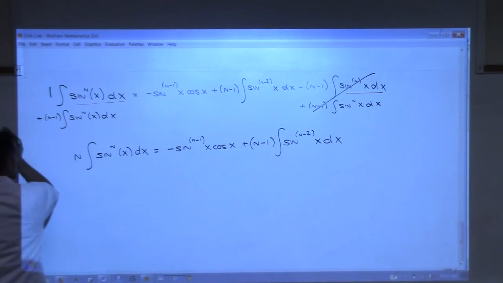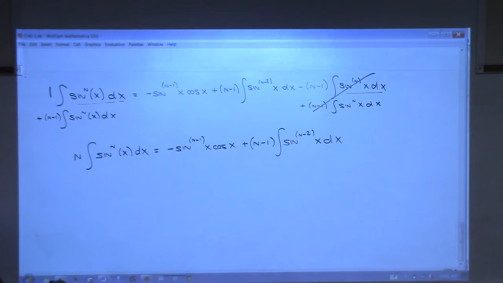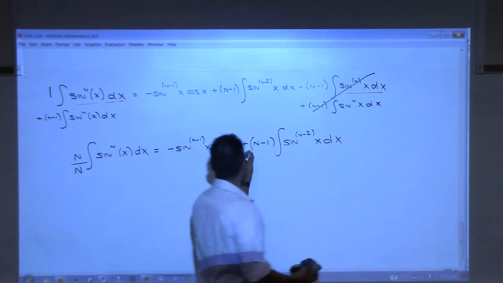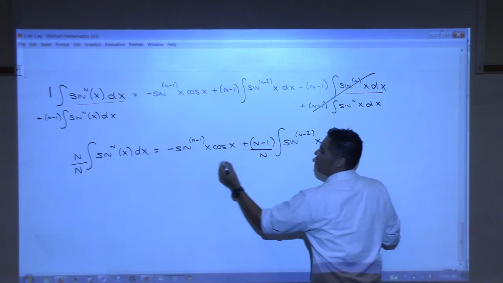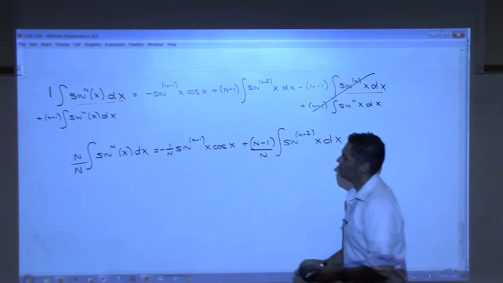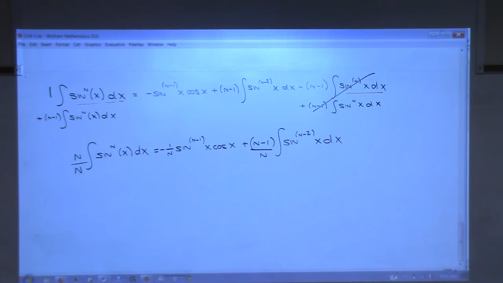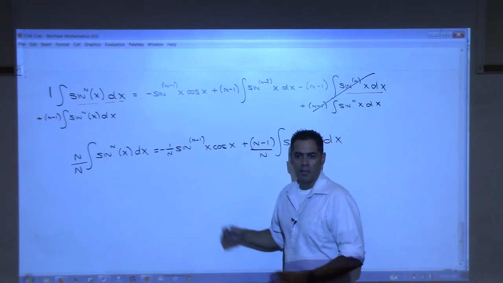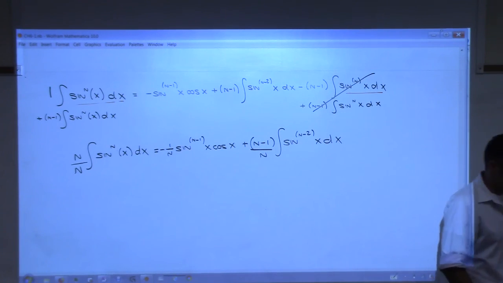And then what do I do at this point? Divide by n. Divide by n. So if I divide this by n, I'll divide this by n right here, and I'll divide this by n, which will give me negative 1 over n. And was that the formula? Yeah. It was. That's how we create reduction formulas.